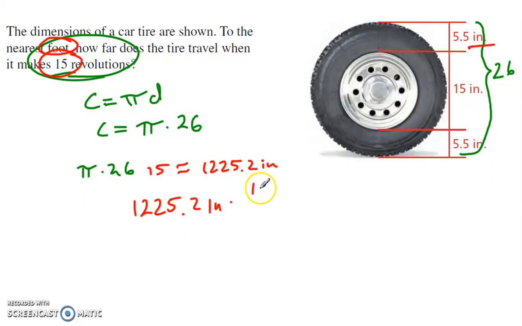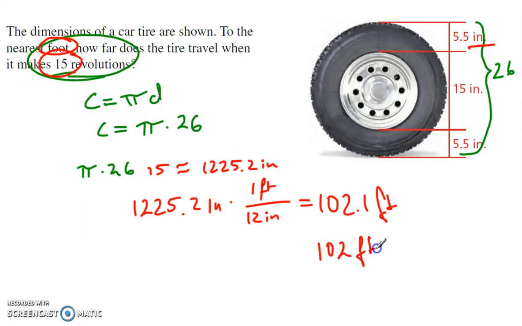We know that 1 foot is 12 inches, so we're going to divide this by 12, and that gives us about 102.1 feet. And they said to the nearest foot, so that's approximately 102 feet.